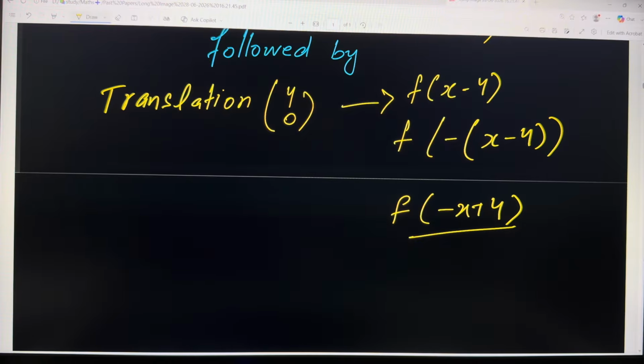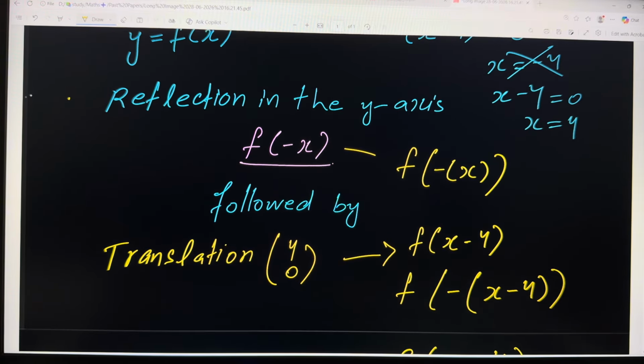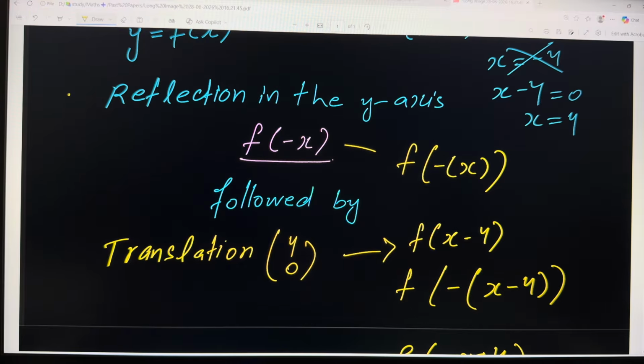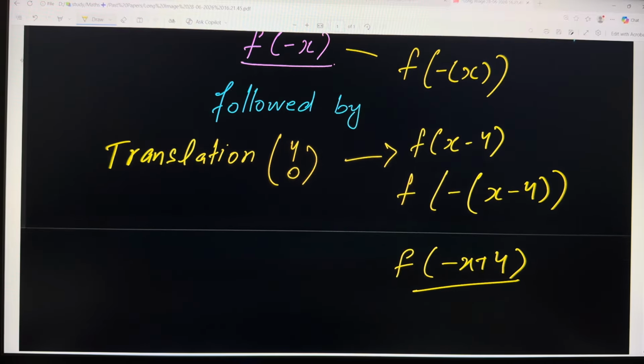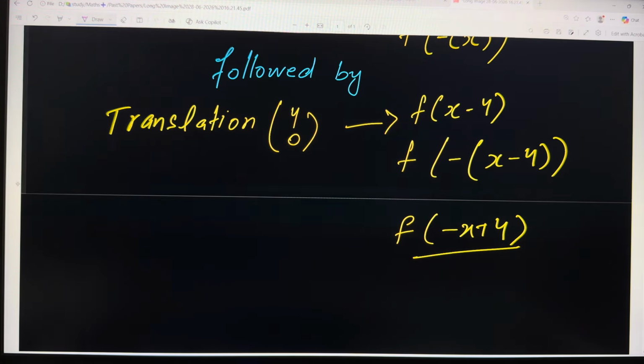Basically the reflection in the y-axis is considered this, and the translation is like this. Let me explain it to you. The translation is kind of different.